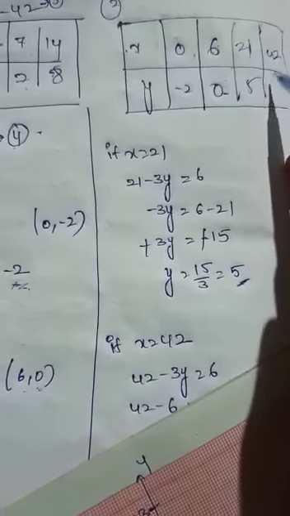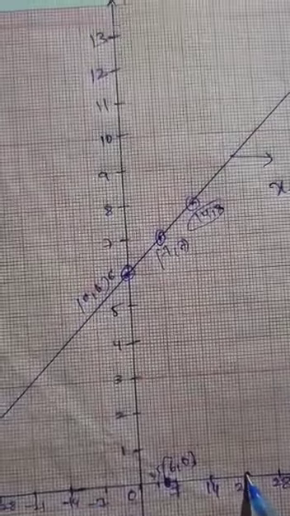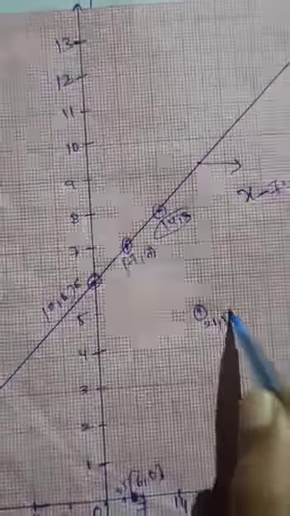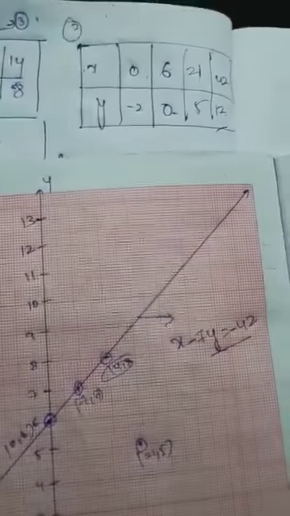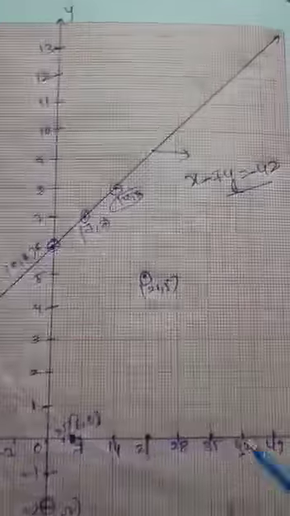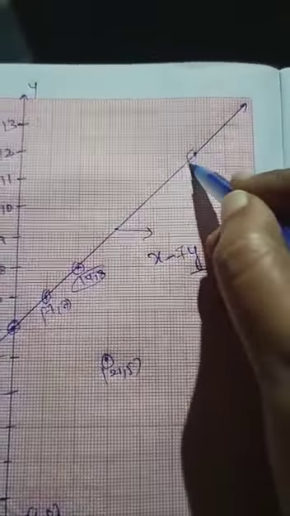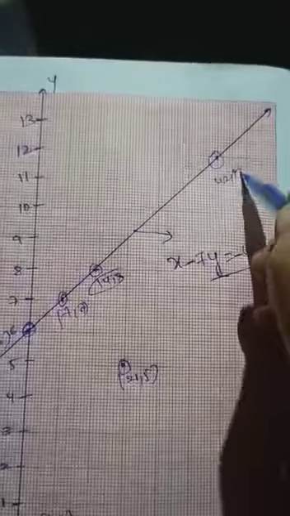Next point, (42, 12). This point is (21, 5). Next point, (42, 12). This point is (42, 12).